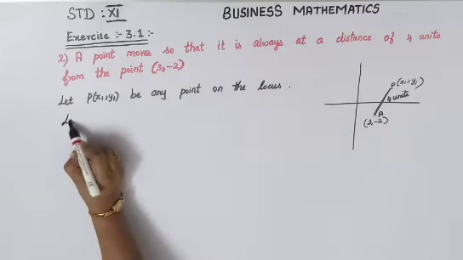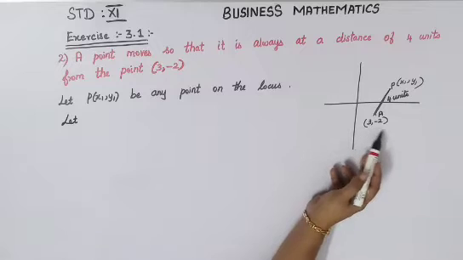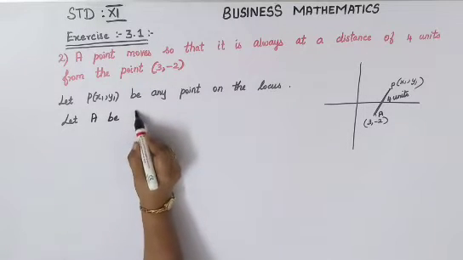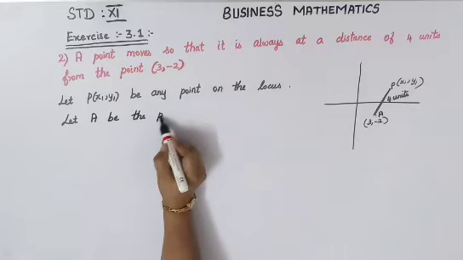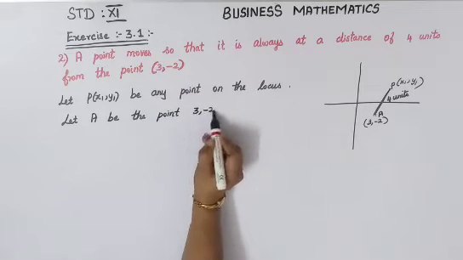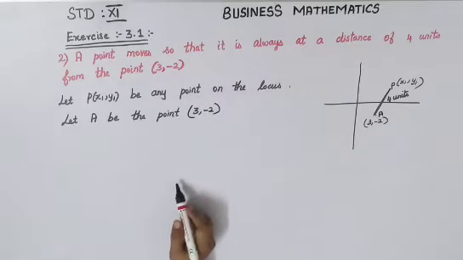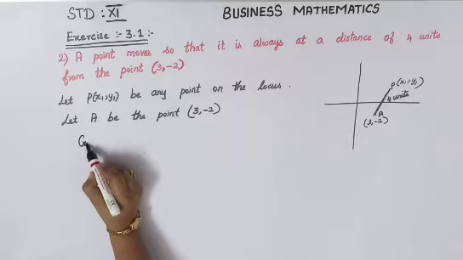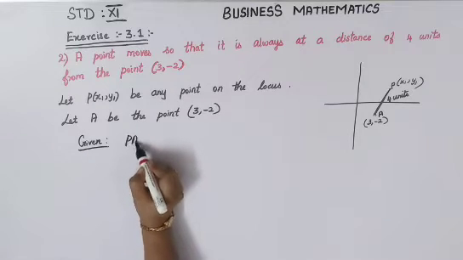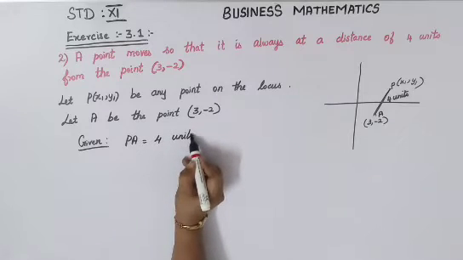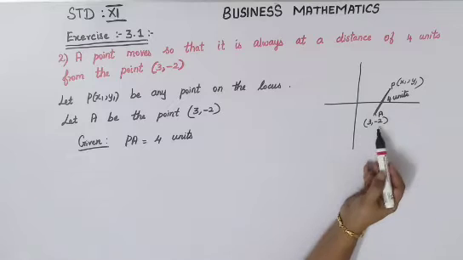You can mark this as x1, y1. And let A be the point (3, -2); we have just taken A as (3, -2). It is given that the distance is 4 units, so PA is equal to 4 units. So you have to find the distance between P and A.